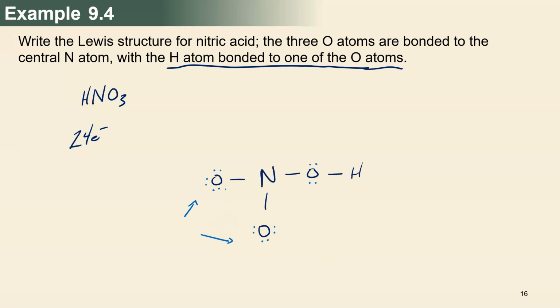They are equivalent for us, and so I'm going to take them from this one and push in to form a double bond. Any questions on how we get that Lewis structure?